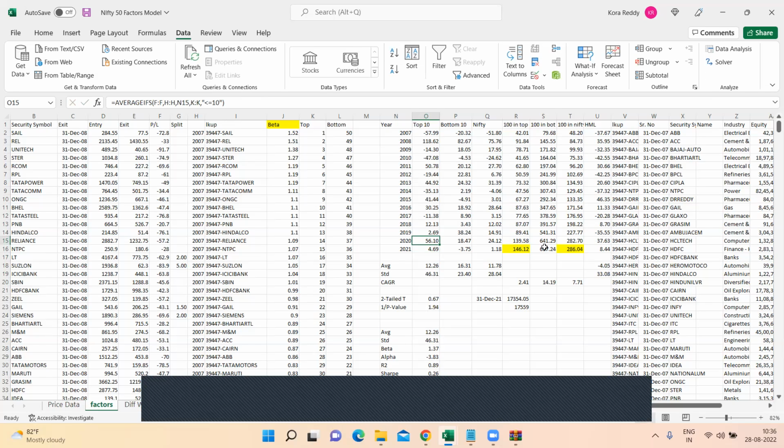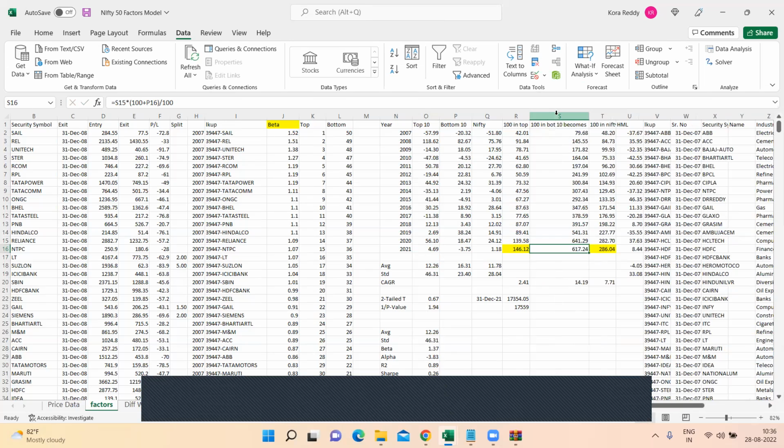There's also a startling revelation here. If you invest in bottom 10 beta companies, your money is 620 now versus 286 in Nifty. So that's almost more than double the returns. That's just amazing. Buy a low beta stock and sit on them.